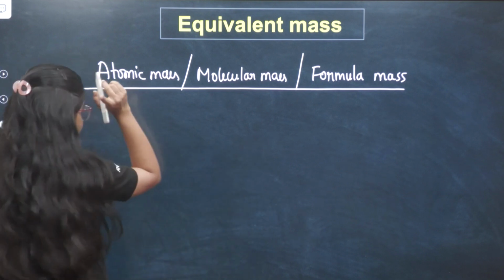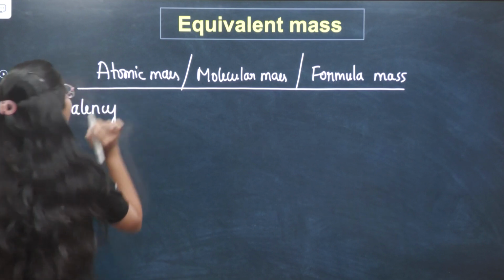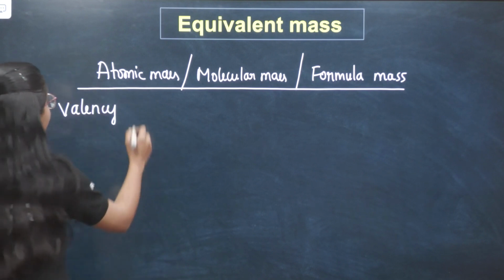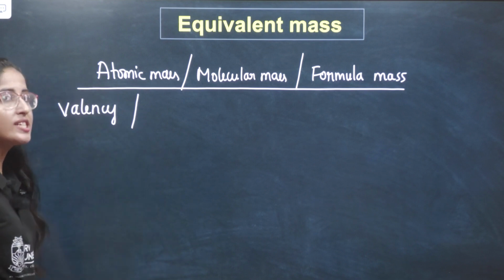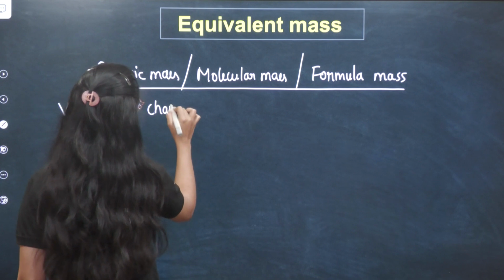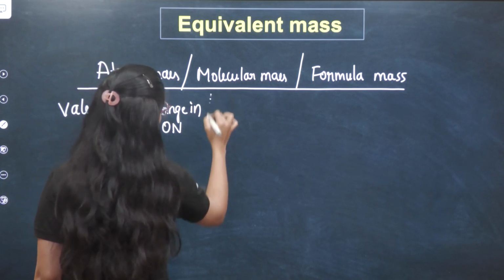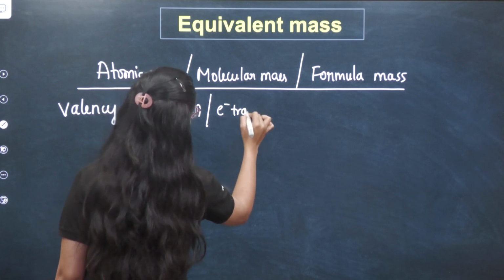First, if there is a neutral atom, you might take valency here. Or if it is an oxidizing or reducing agent, you might take the change in oxidation number, or the number of electrons transferred.